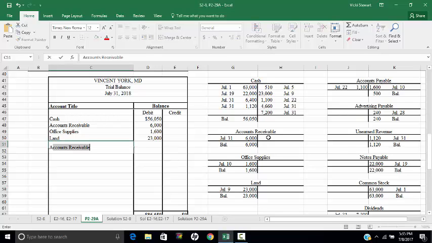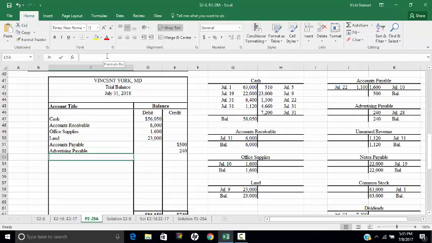Now we're going to go to our liabilities and go to accounts payable, which is a credit balance, and it has a $500 credit balance. And then we're going to advertising payable and record that. It also has a credit balance, of course. And then we have unearned revenue.